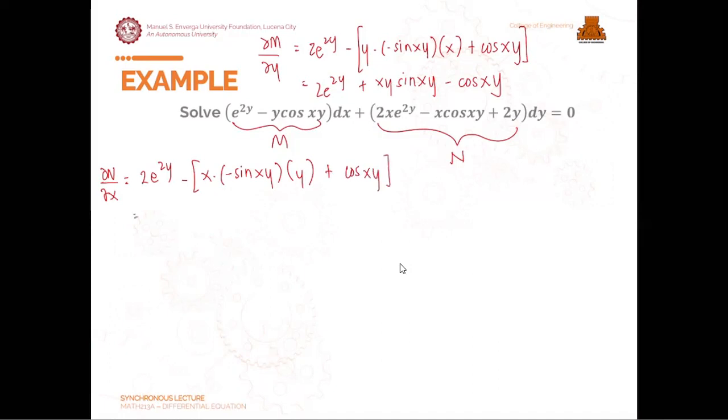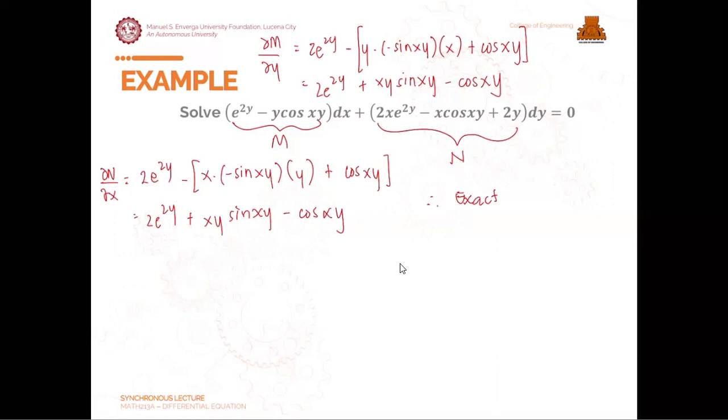Okay. So 2e^2y plus xy sine xy minus cosine of xy. So let's check kung equal ba sila. So ito equal doon. So therefore exact, no? So exact yung solution natin.